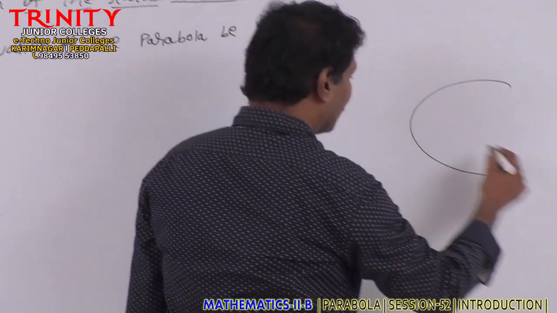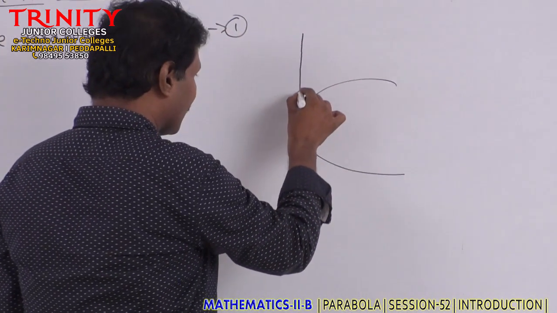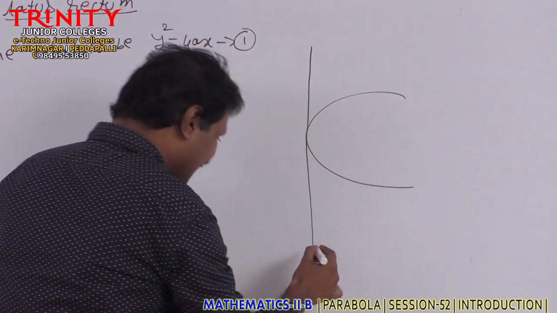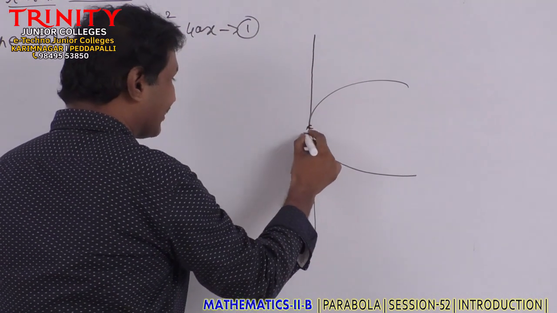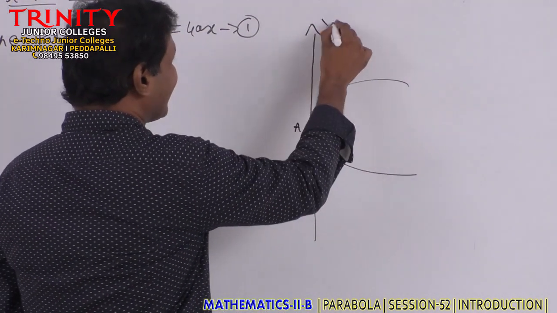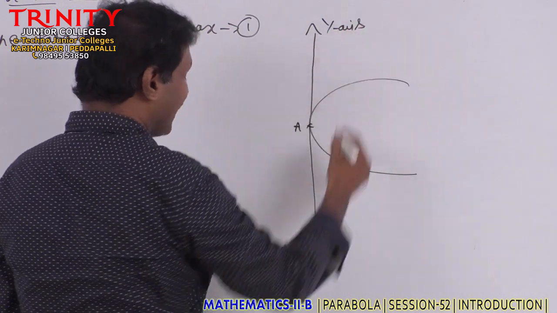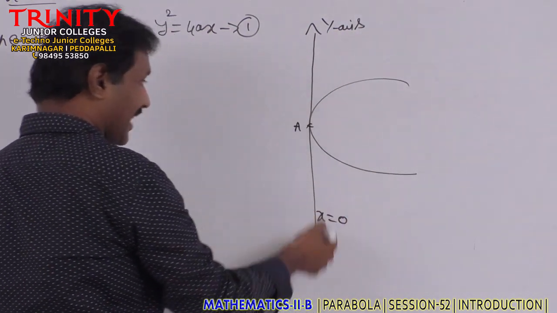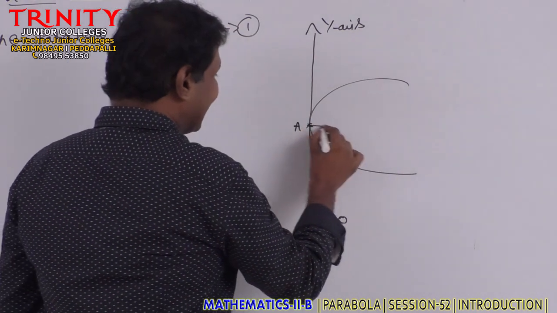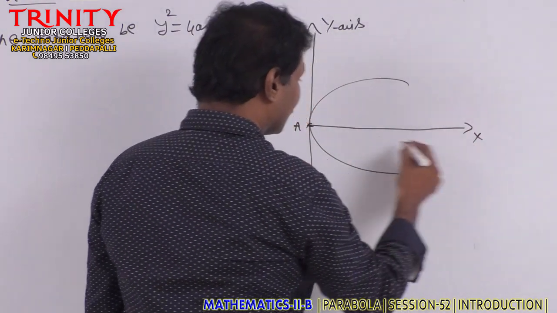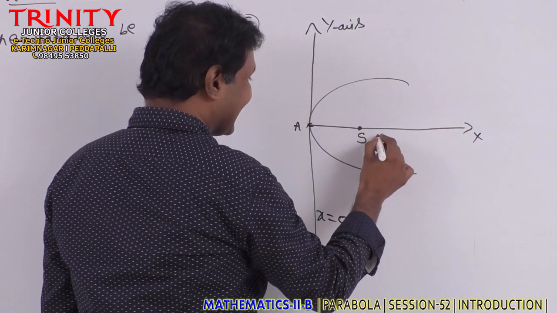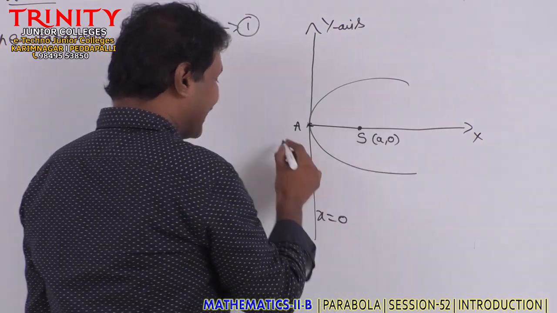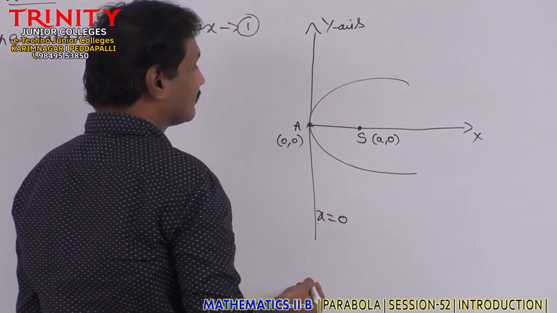This is the parabola in standard form. This is the equation of the tangent at the vertex, which is the y-axis. Here the equation of the y-axis is x equal to 0. This is the axis of the parabola. Here the focus is (a, 0) and the vertex is (0, 0).